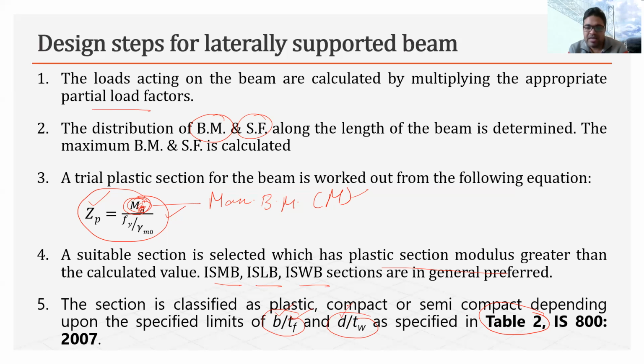Similarly, d is the depth of web, and Tw is the thickness of web. So we will find out these two ratios, and then we will compare them using Table 2. Based on that, we will classify whether our section is plastic, compact, or semi-compact. That we'll do when we will be solving the problem. So that is step 5.